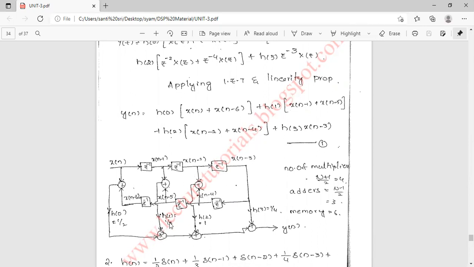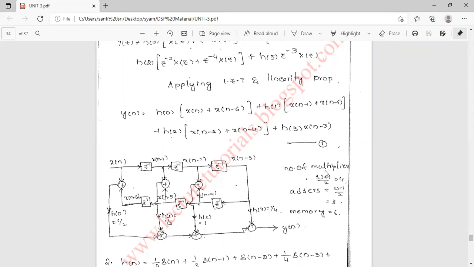Plus x of n minus 1 and x of n minus 5 will be added, which will be multiplied by h of 1, that is 1 by 2. Similarly, x of n minus 2 and x of n minus 4 will be added and multiplied by h of 2, that is 1, and x of n minus 3 into h of 3, that is 1 by 4. All will be added here, that is y of n.